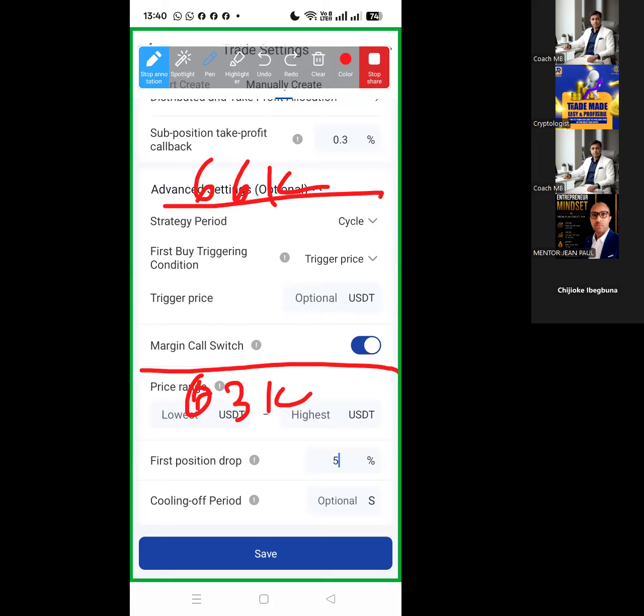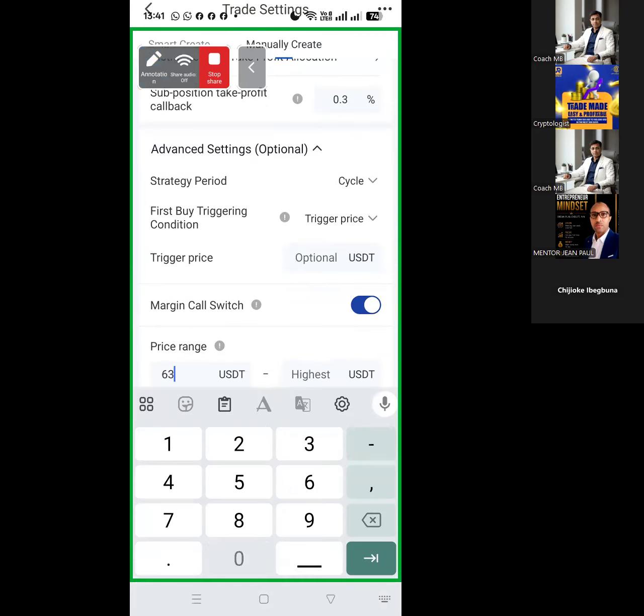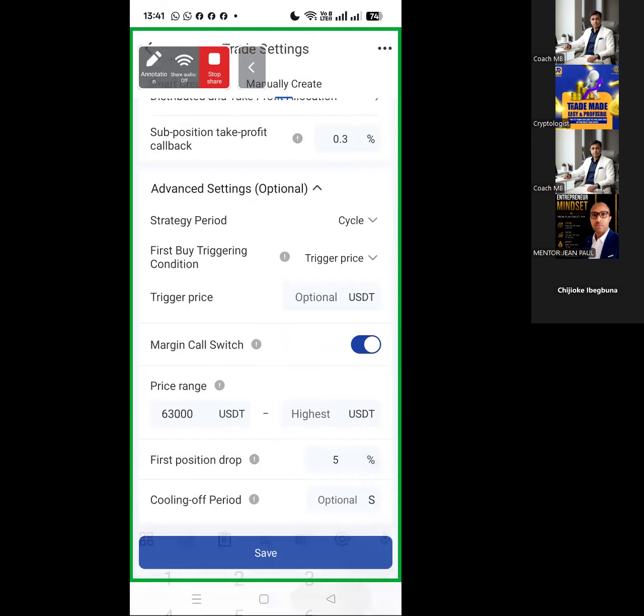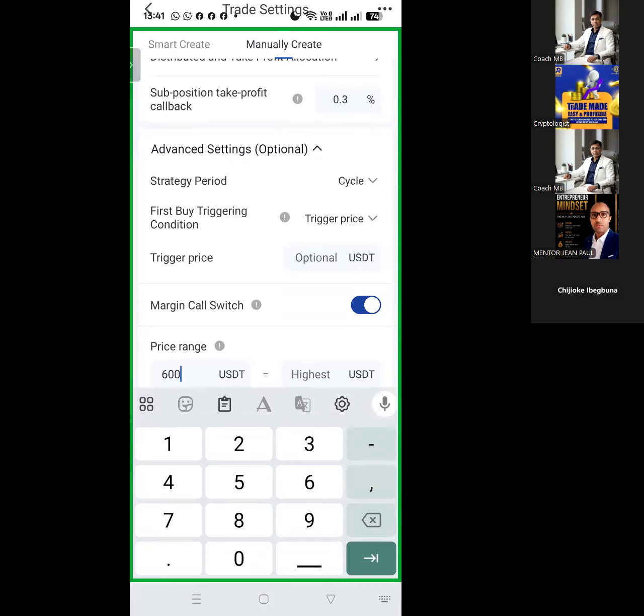So what you can do is put a price range here. That is another option. You can put a lowest price and a highest price. Suppose I'm trading BTC and I want to put $63,000. Suppose I don't expect BTC to go below this, or I can even put $60,000 here.